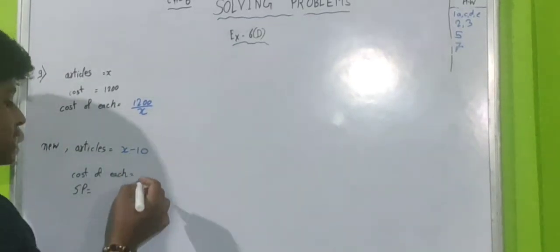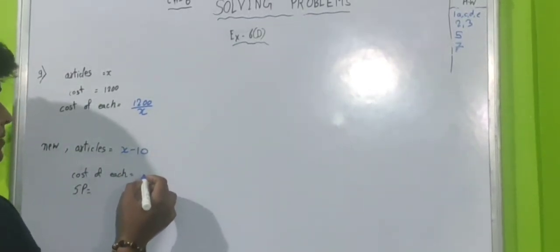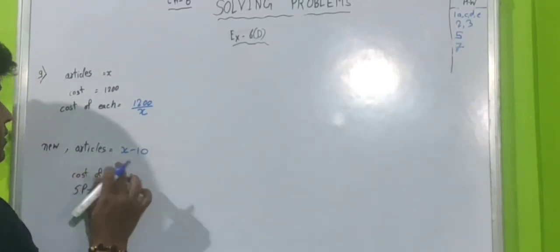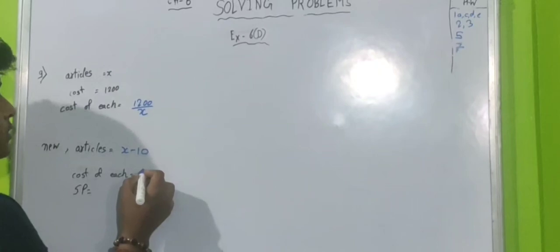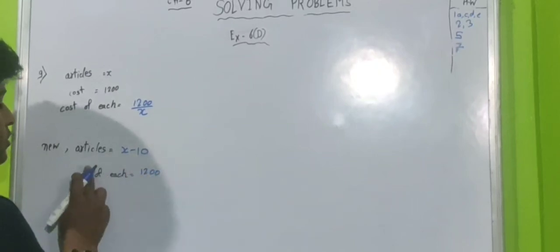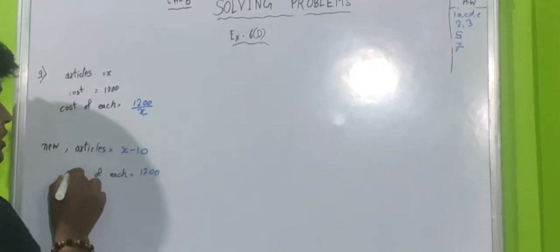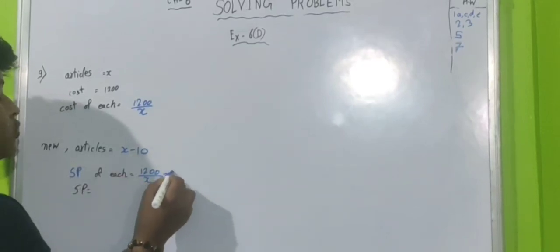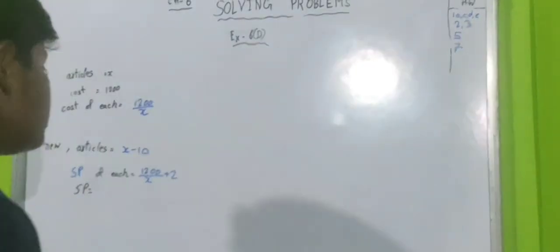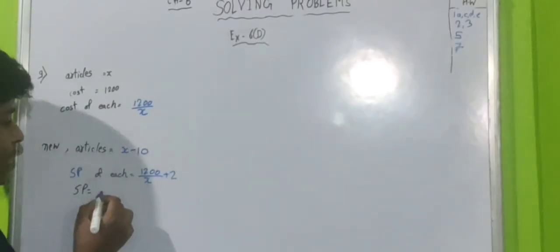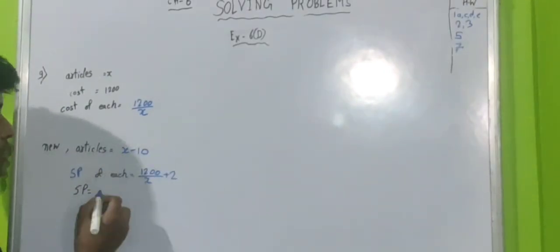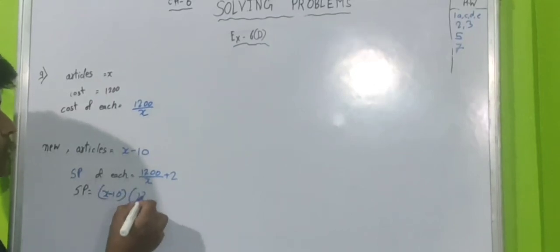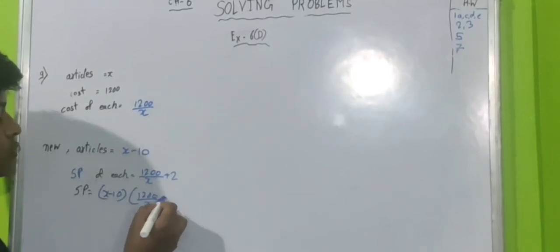So cost of each, according to the seller, you have 1200. So friends, not the cost, actually selling price of each, you will get 1200 by x plus 2 because it is said as increased by 2. So the total you have to find is the number of articles into rate, that is 1200 by x plus 2.